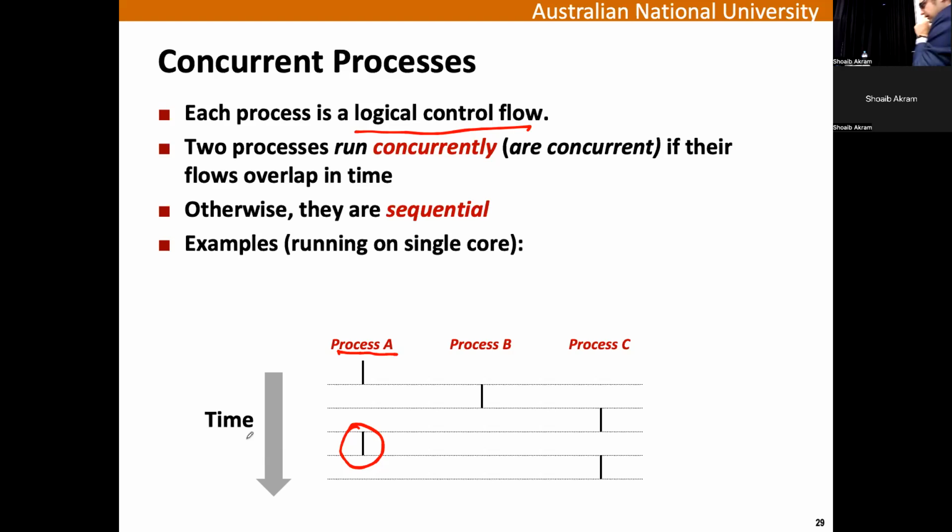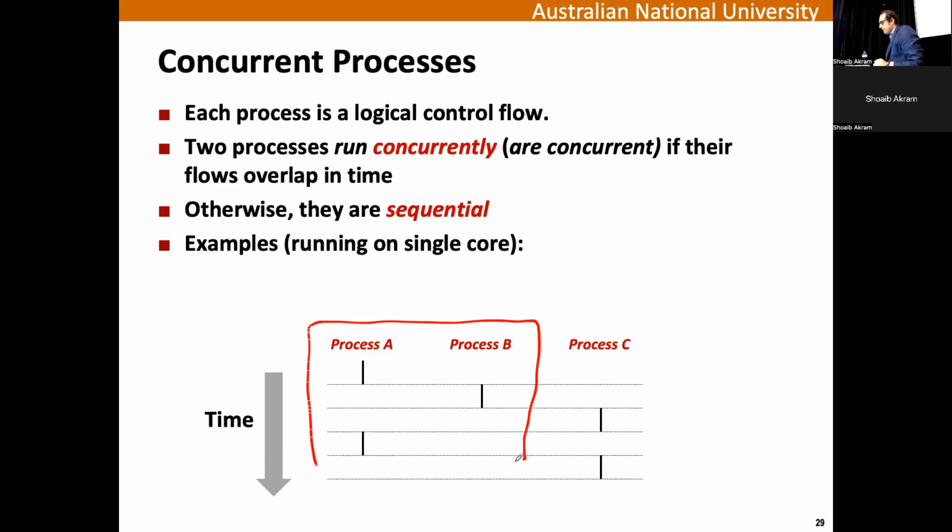So if we look at this window of time, we see that although process A and process B are not running at the same time on the same physical resource, because we only have one physical resource, they are active in that window at the same time. And so A and B are running concurrently.